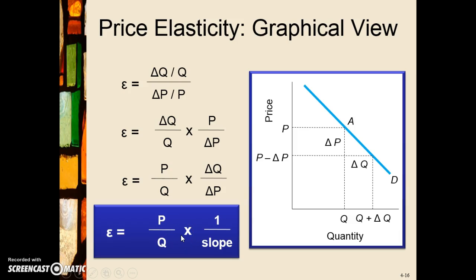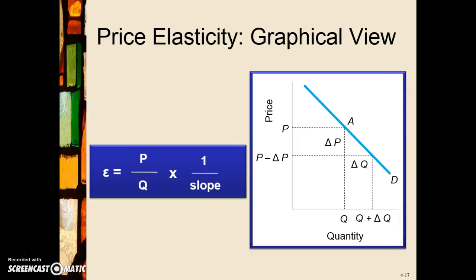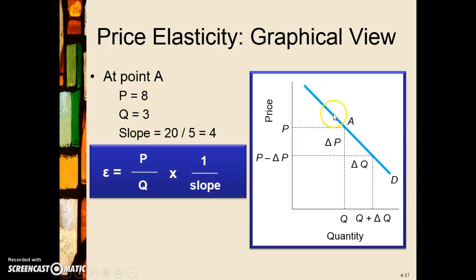The first formula that we used, you're going to apply if I give you two prices and two quantities. This formula you're going to use if I ask you for the price elasticity of demand at a point on a slope. For example, let's assume that at point A the price is 8 and the quantity is 3, and the slope of this line is 4.